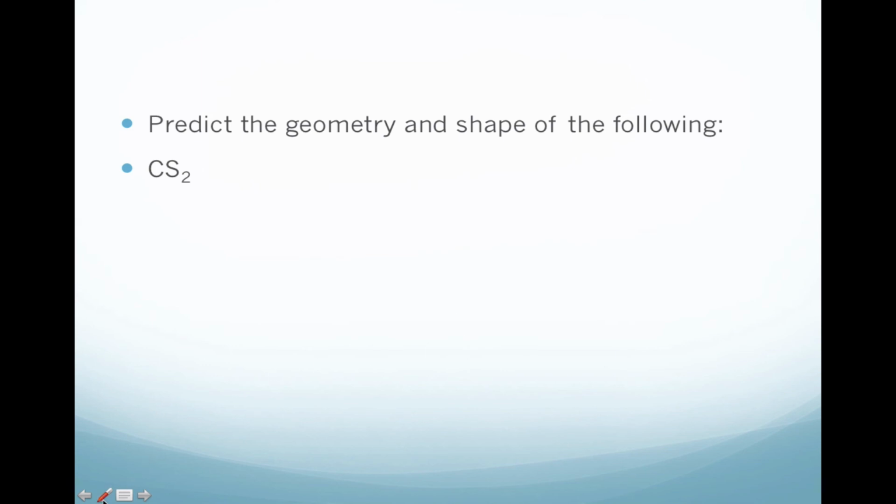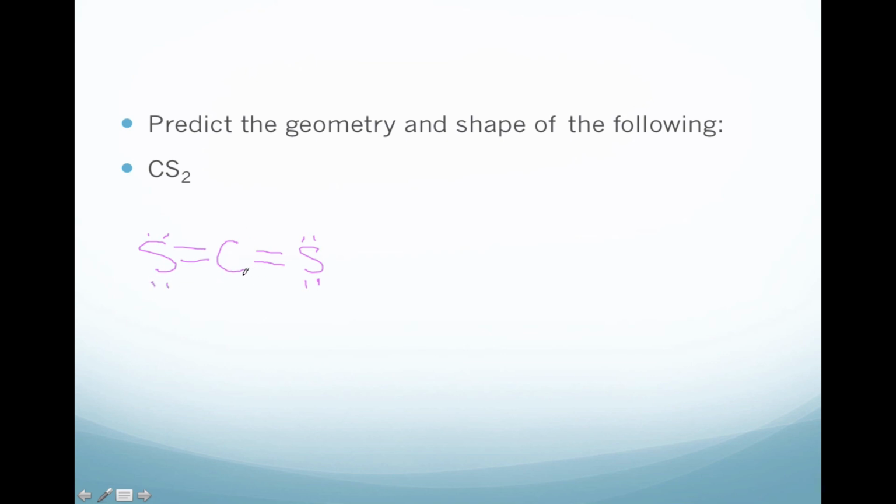Okay, so here we have an example of CS2. And if you remember from our naming, this is carbon disulfide. So I'm going to put carbon in the middle, and I'm going to put sulfur on either side. Now notice I have pi bonds, and we said that pi bonds do not factor into the shape of the molecule.